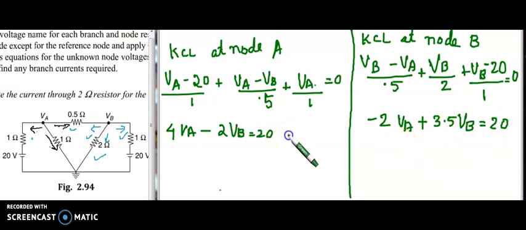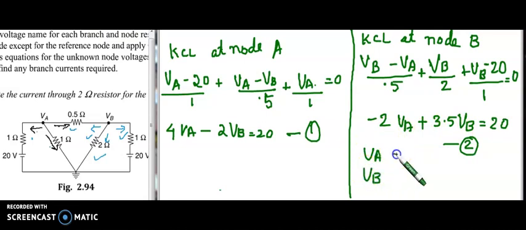So now we have got two equations, equation number 1 and equation number 2, and from these 2 equations and 2 unknowns you can use a calculator to find VA and VB. Using a calculator we get VA as 11 volt and VB as 12 volt. So the question is, what is the current through 2 ohm resistor?